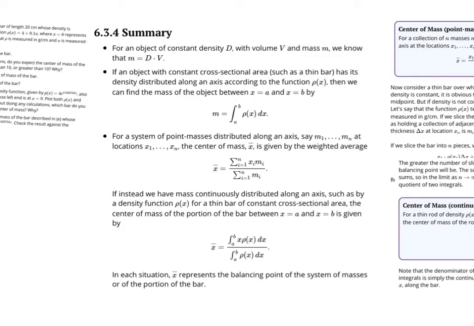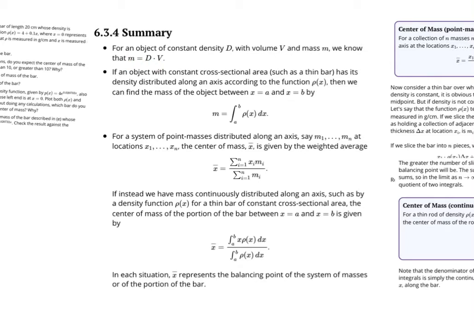All right, to sum up what we talked about in this section, when we have an object of density D with volume V and mass M, this is the most real-life scenario we can think of. We know that mass is density times volume.